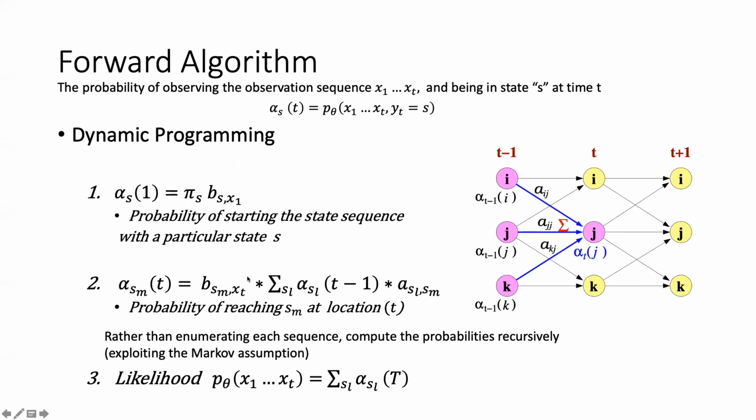Similarly, for alpha s of t from the initial state to the successive states, we can make use of the recursive approach using the previous alphas and compute it efficiently rather than enumerating each sequence. We compute the probabilities recursively using the Markovian assumption. That's the idea here.